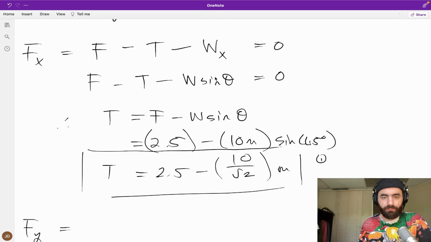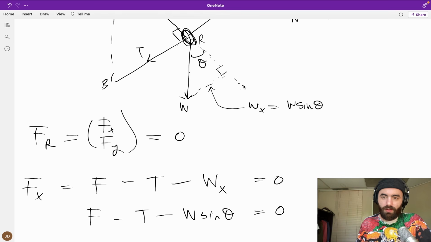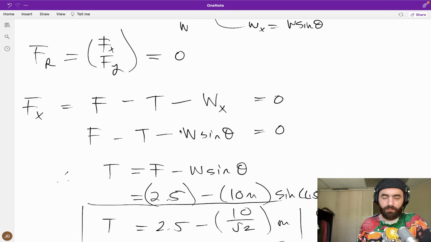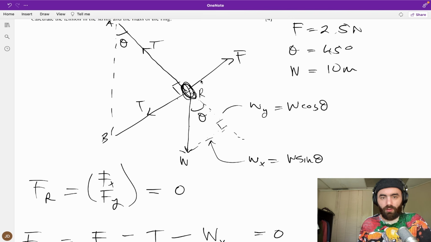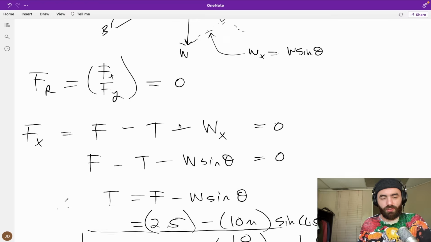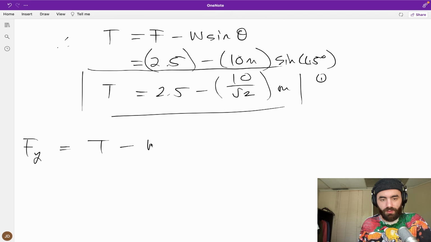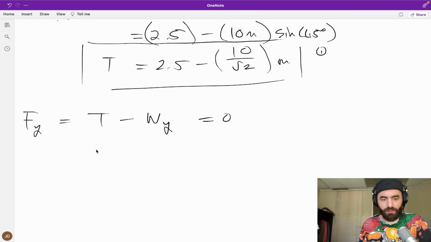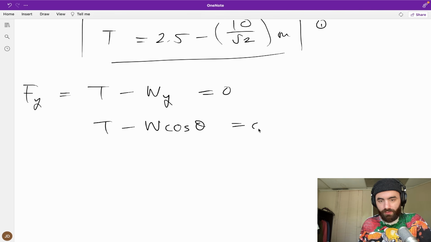For Fy, we get acting down will equal W, and the only thing acting up is this tension. Tension minus Wy equals 0, so we get tension minus W equals 0.